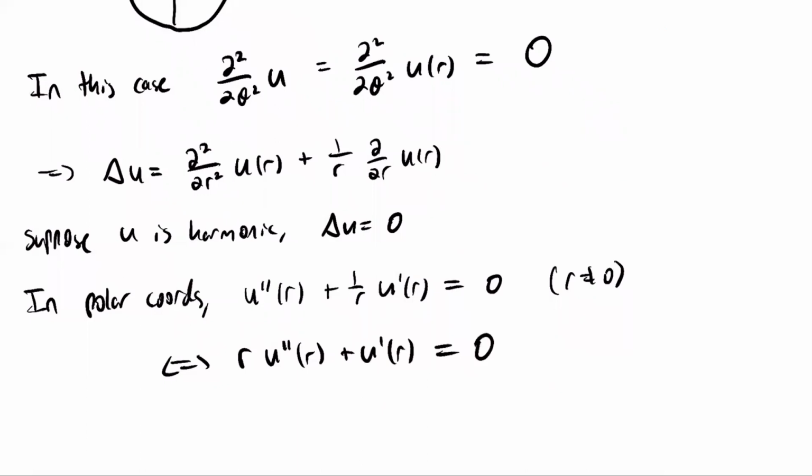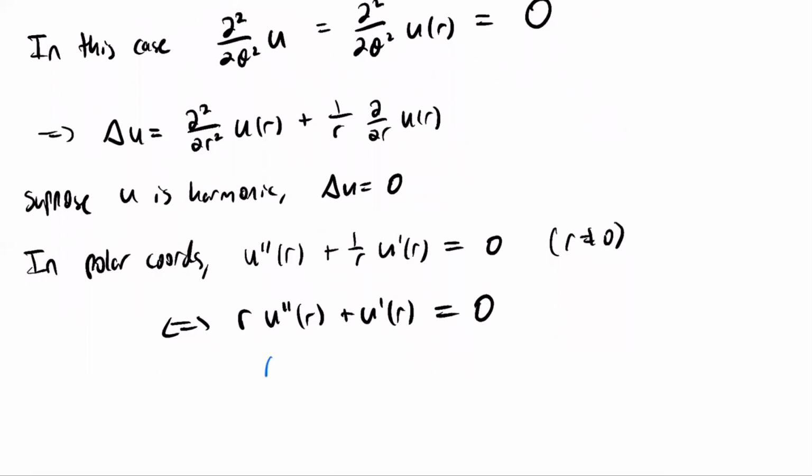But you can recognize the left-hand side as the derivative with respect to r of r times u prime of r. And this is just the product rule, which you can check.